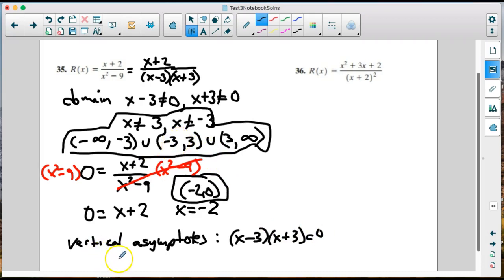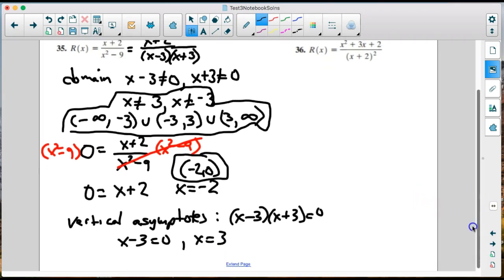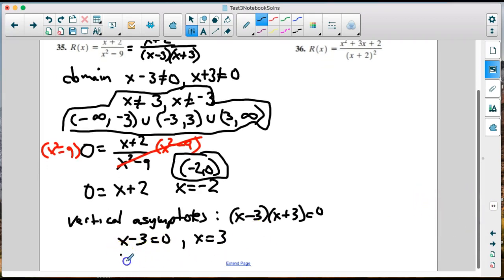So the vertical asymptotes here are going to be x minus 3 equals 0, or x equals 3, and x plus 3 equals 0, or x equals negative 3. So these are the vertical asymptotes.